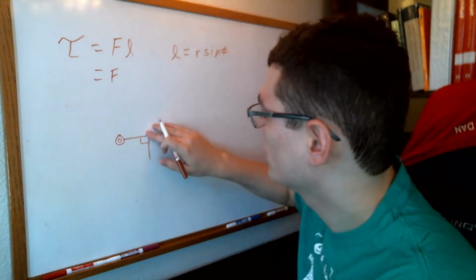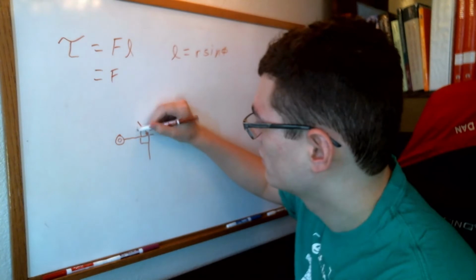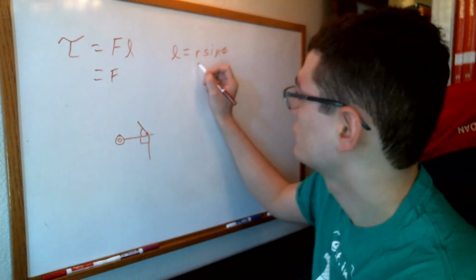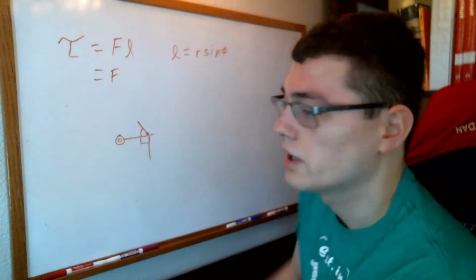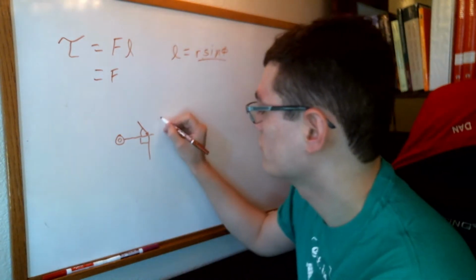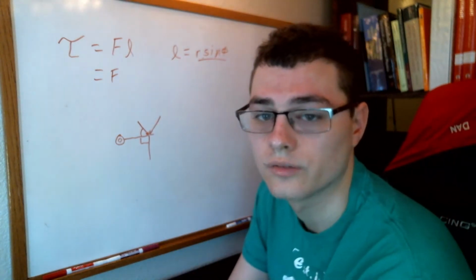But if you apply the force at an angle, this angle is going to make sine phi less than just R, and so you have to account for the angle. When a force comes in at a certain angle, you have to account for that extra angle.